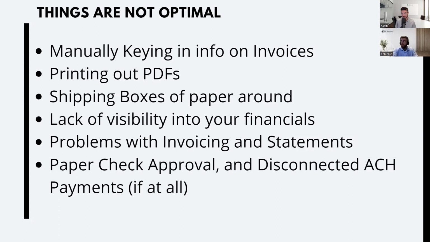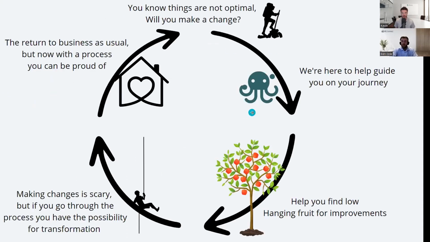And once you start doing this, it gets easier and easier. Once you've got that financial dashboard, you can see other areas that could potentially be improved. But it all starts with actually deciding to go on that journey and say, okay, we're going to invest the time, we're going to find these things that are obvious improvements, and we're going to work with somebody to help us figure that out.